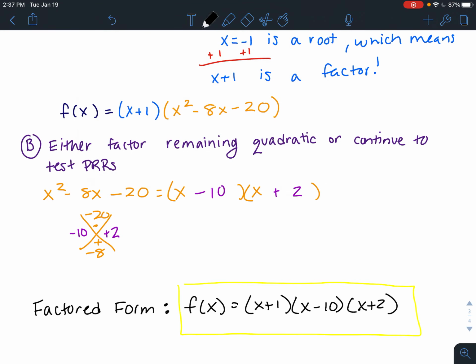So why don't we do one more example here? I'm just going to look back at our g of x function that we did earlier in the other video. So 2x cubed minus 5x squared minus 10x minus 8.